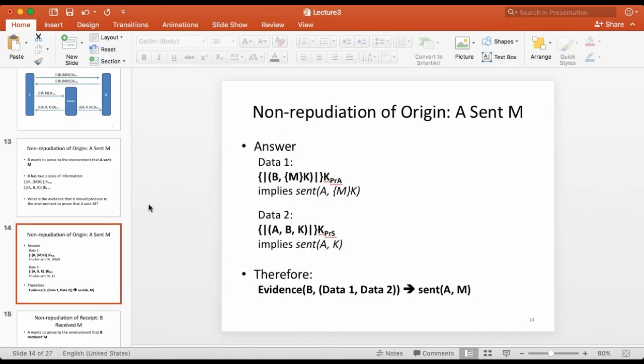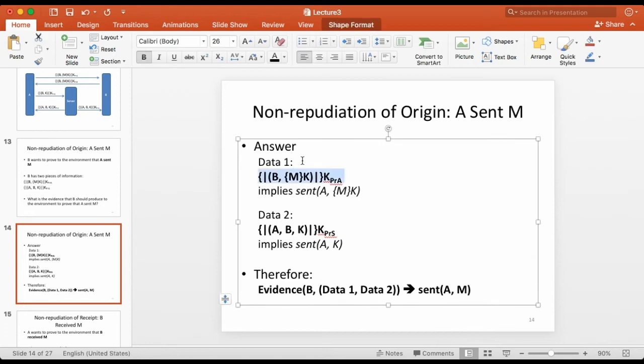Okay, so the reasoning is as follows. First of all, you have the first data. If you look at the first data, the implication that B can arrive at is basically that A sent this encrypted message M. Okay, and that's very simple to prove because A has signed the whole thing.